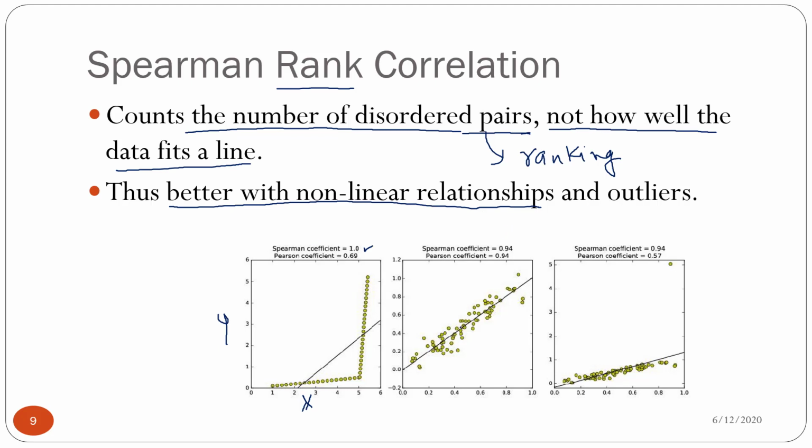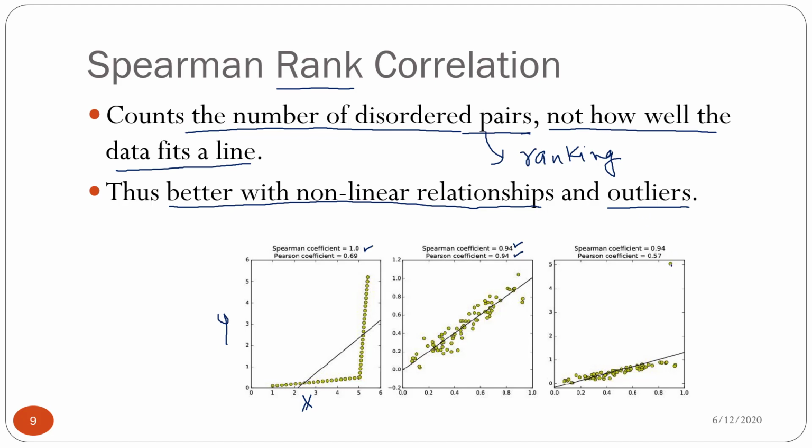And in certain cases, when the data is linear, both are good, right? You can see that Spearman is giving a good value, and we are getting the same value from the Pearson coefficient also. And there's another case, if you have outliers. For outliers also, Spearman rank correlation is better.